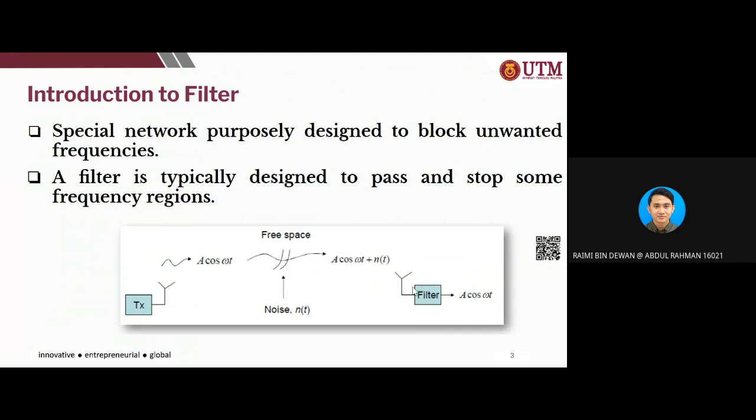The filter will remove this unwanted component, which is the noise, and only allow the one that we want, which is the A cos omega t. As you all know, this is actually the modulated signal, the signal that we modulate with our information signal so that it can be transmitted wirelessly over a distance.